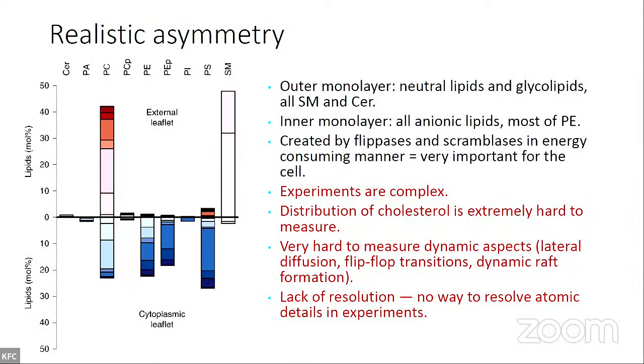The next thing is asymmetry. We know pretty confidently now that almost all eukaryotic plasma membranes are asymmetric, and also many bacterial membranes are asymmetric. If we are speaking about eukaryotic membranes, here you can see the diagram for the red blood cells.